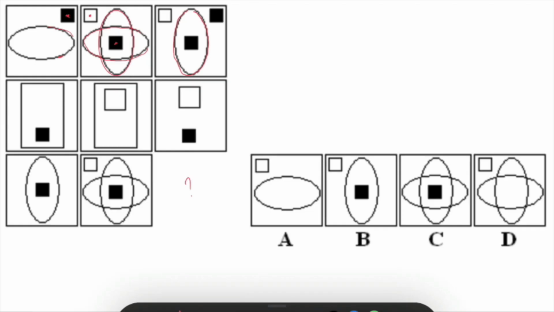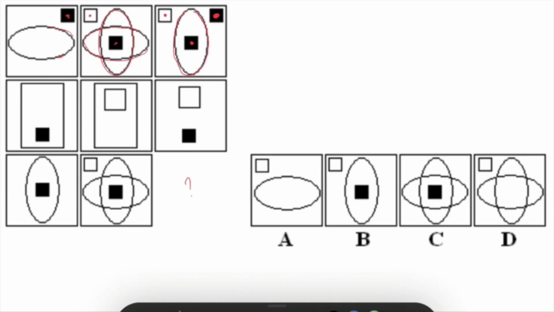In the following one, we kept the same black square in the middle, we kept the white square in its position, and we added this black one. This may be a clue.